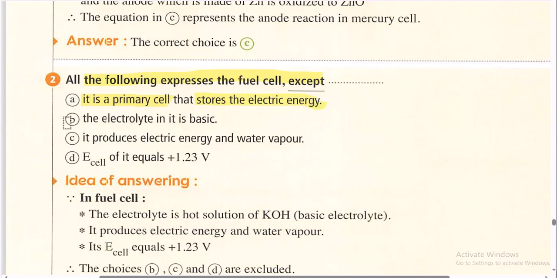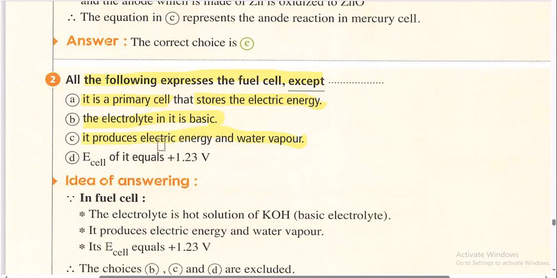So choice B, the electrolyte in it is basic. Yes, it is potassium hydroxide, so it is a basic substance. Choice C, does it produce electric energy and water? Yes, it produces electric energy and water.